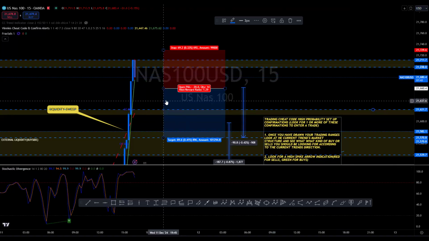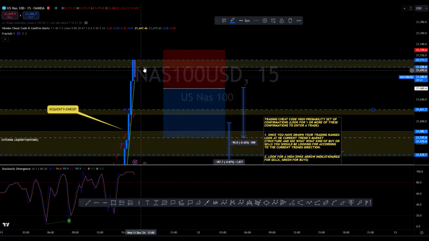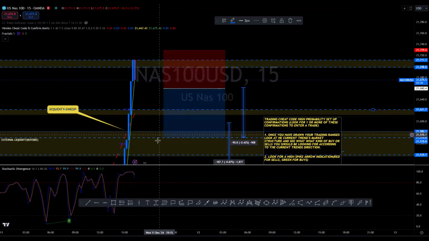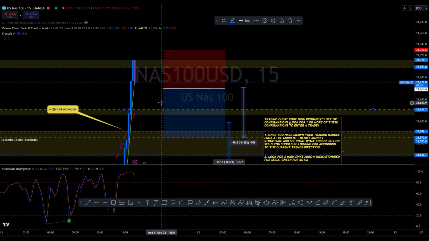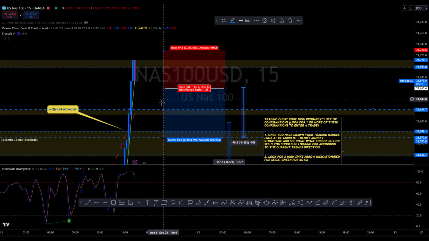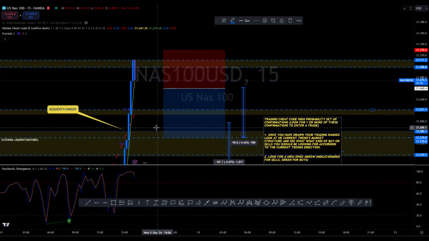If I want to wait for the retest to actually test and say, if we get a confirmation sell, something like that.